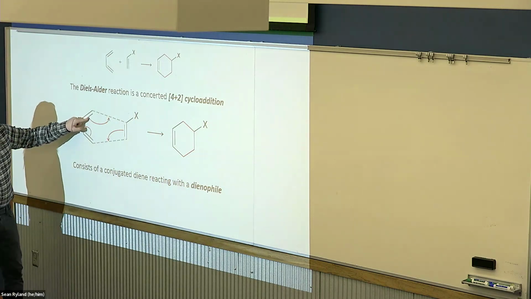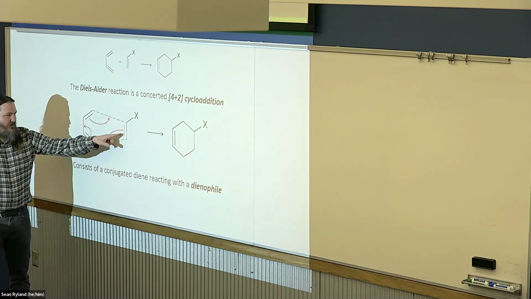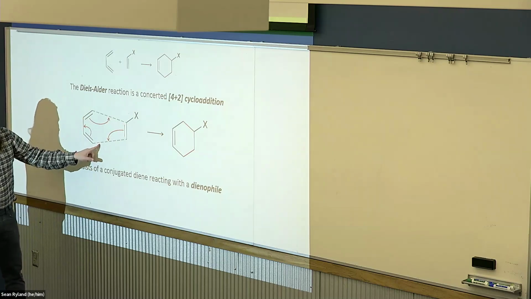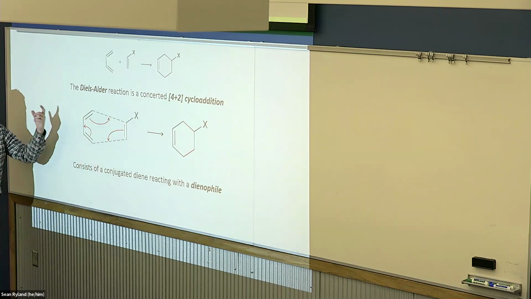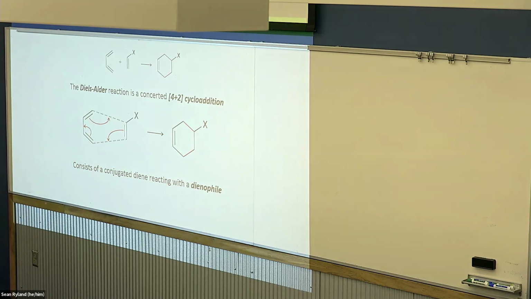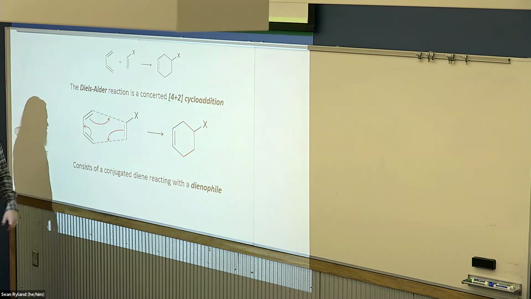One pi bond from the diene goes to make a new sigma bond. The pi bond from the dienophile goes to make a new sigma bond. The other pi bond moves over, just like a resonance structure, to be in between the 2 carbons that were part of a pi bond, but now the pi bonds are breaking. So the net result costs us 2 pi bonds, but we gain 2 sigma bonds out of it.